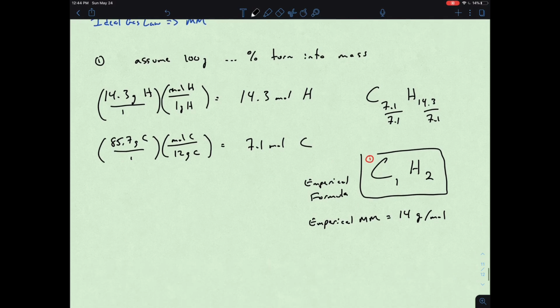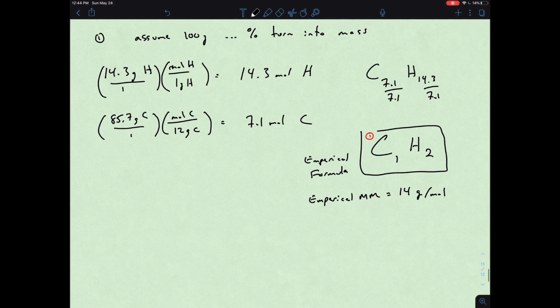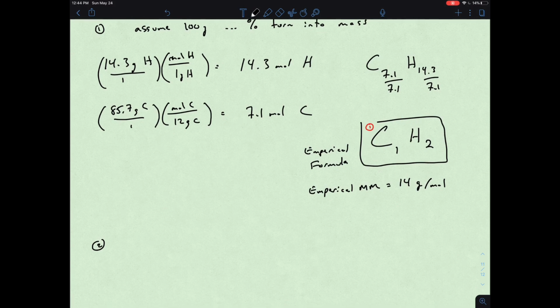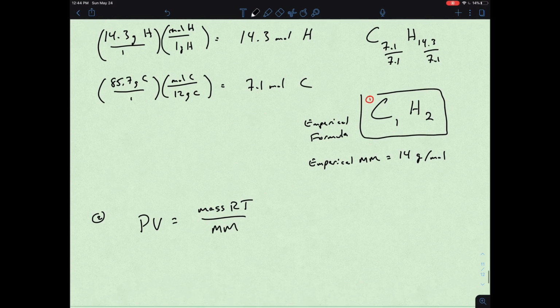So that leads us on to step 2, which is now utilizing the ideal gas law representation, namely that we have PV equal to mass times R times T over molar mass. And realize that this would be the true molar mass, given that this is an actual experiment to determine that.